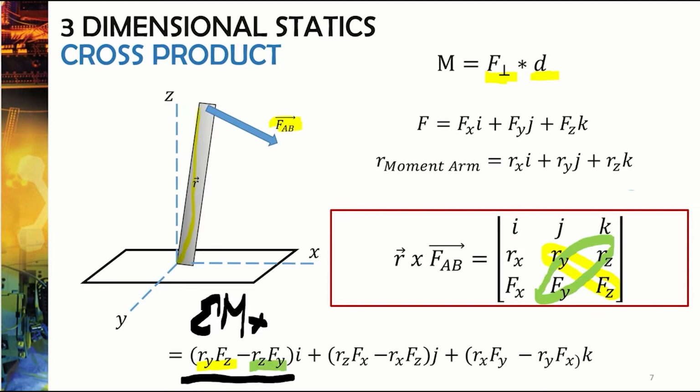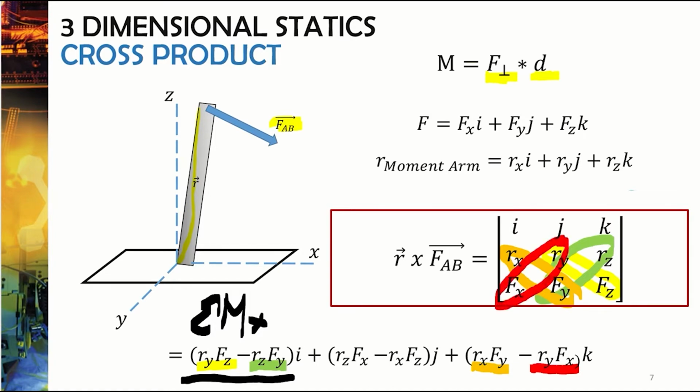The same is going to be true throughout, and going back to what we initially talked about just a slide ago, was that moments about the z can be caused by our y force times an x distance. That was the example I just showed a second ago, minus forces in the x direction times distances in the y.